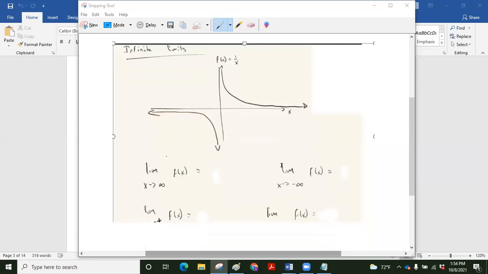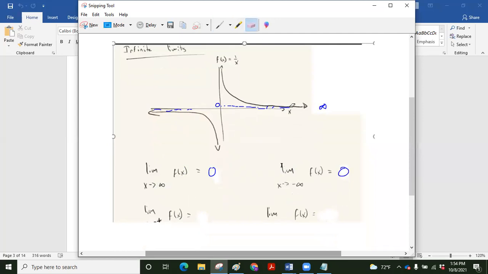This question here is asking the limit as x approaches infinity. So as the x values get closer and closer to infinity, what's happening? Well, it's approaching a horizontal asymptote at 0. As we go to negative infinity, we are still hugging this asymptote at 0.